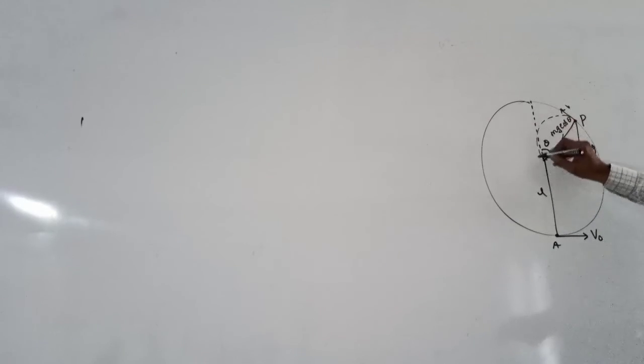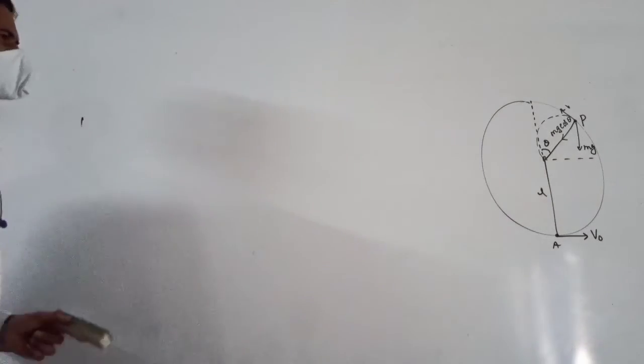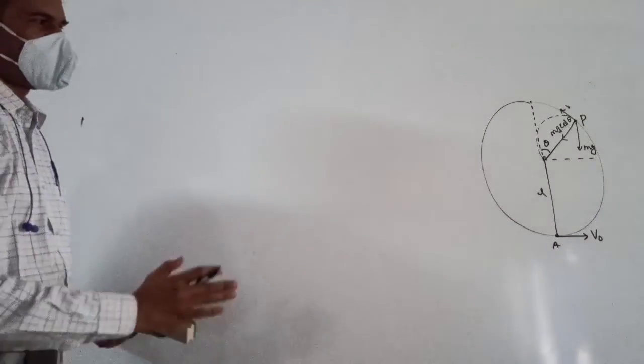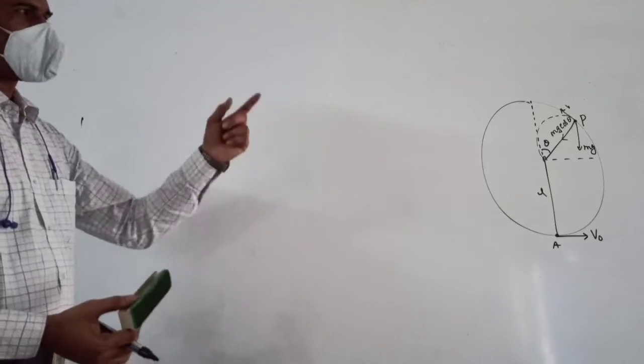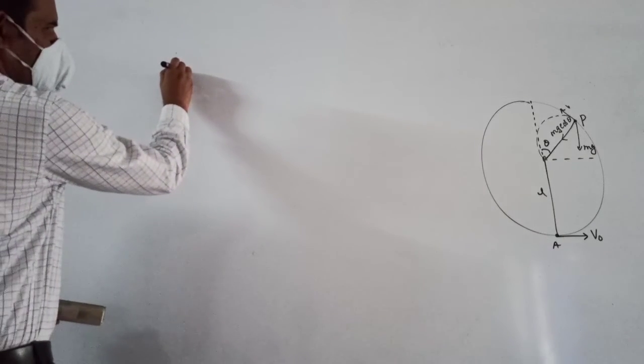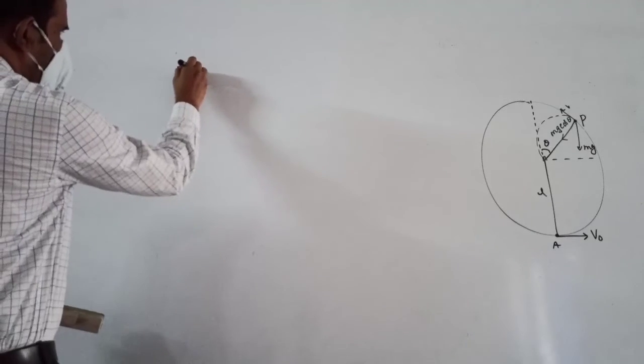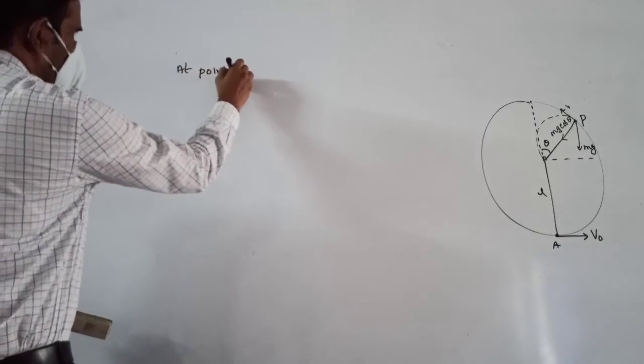Again, the same conservation of energy and these equations will remain the same. Let us write the velocity expression at that point, so I am writing the force equation. At point P, mg cos theta is equal to mv square by L, where v is the velocity at this point.